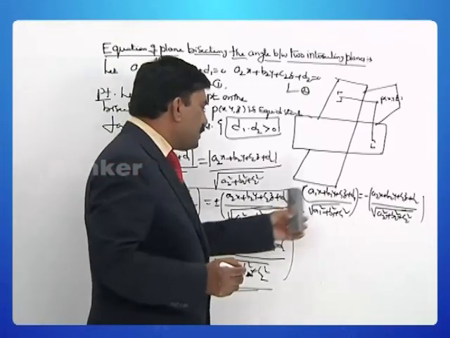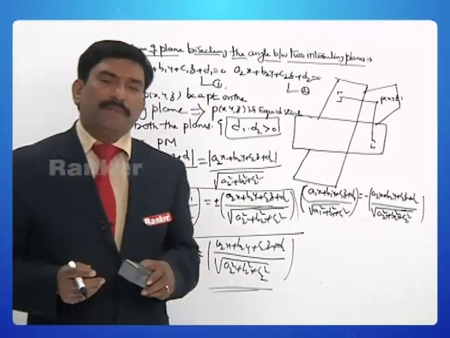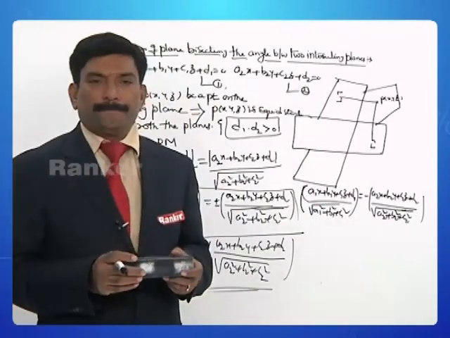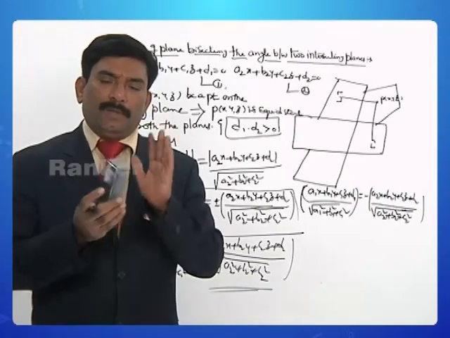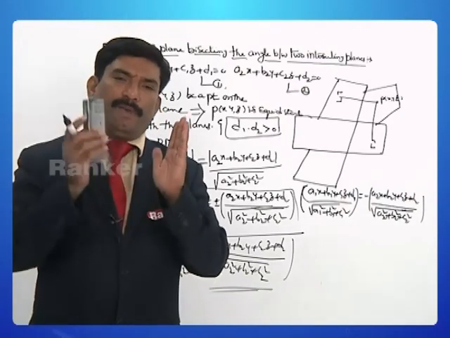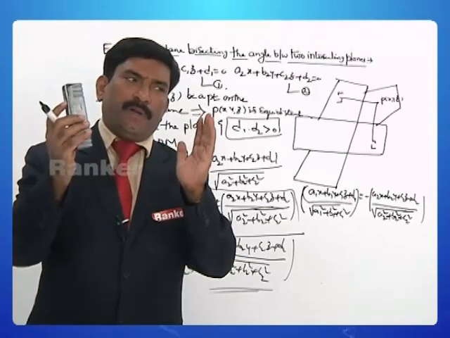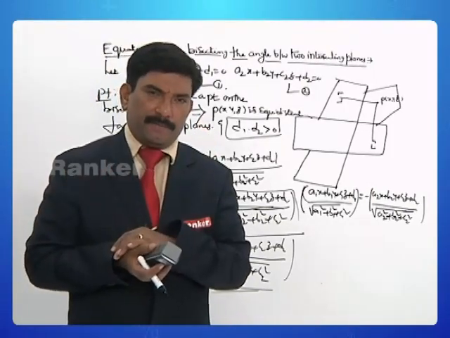These are the two bisectors we got, with the two opposite signs. Now we have established how to find the bisectors.